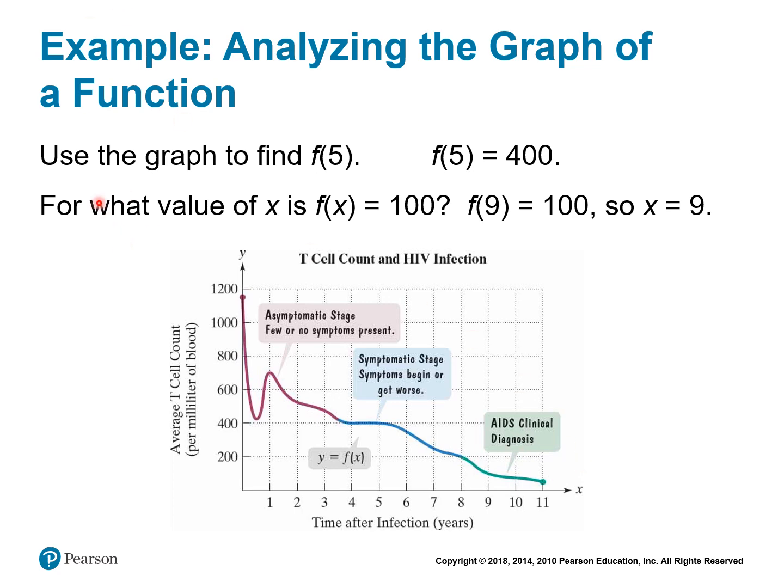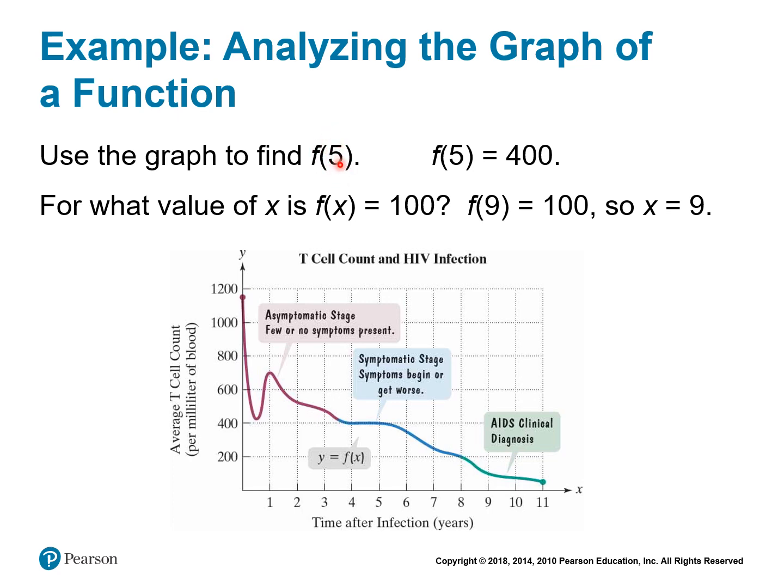Then it says in the question, use the graph to find f of 5. That means these are the years: 1 year, 2 years, 3, 4, 5 years, and so on, all the way up to 11 years. When it says find f of 5, this 5 represents x.